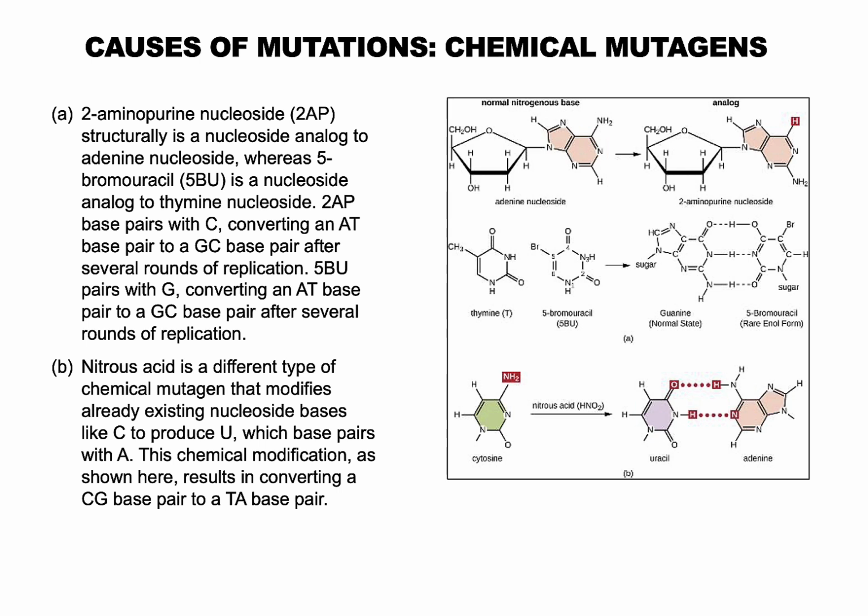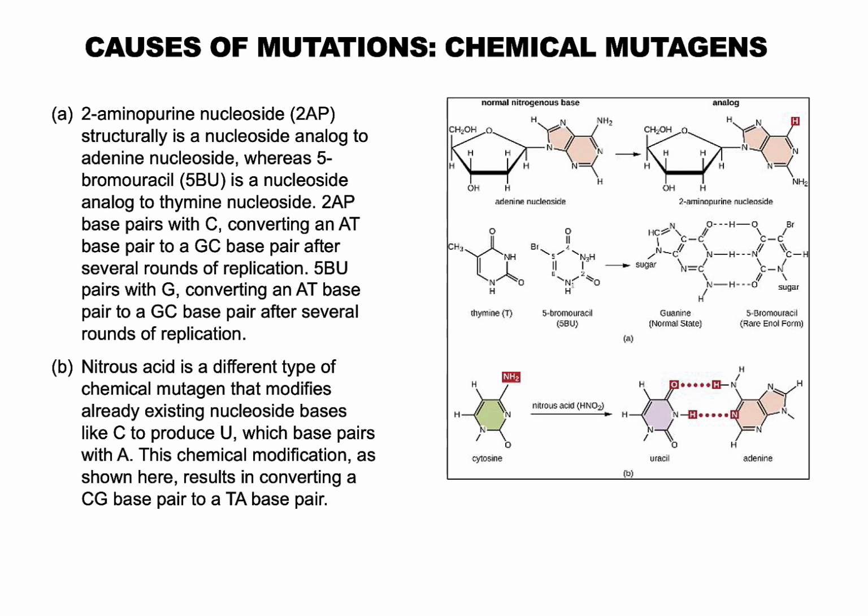Chemicals known as nucleoside analogs resemble normal nucleotide bases in structure and can be incorporated into DNA during replication. These base analogs induce mutations because they often follow different base pairing rules compared to the bases they replace.